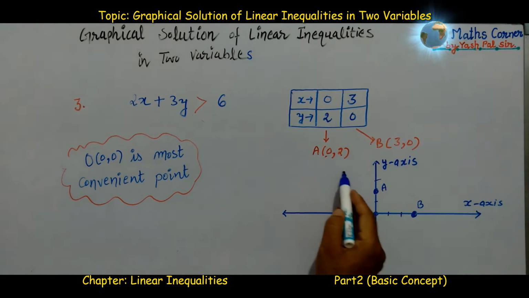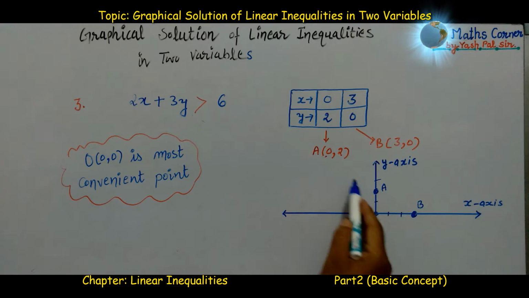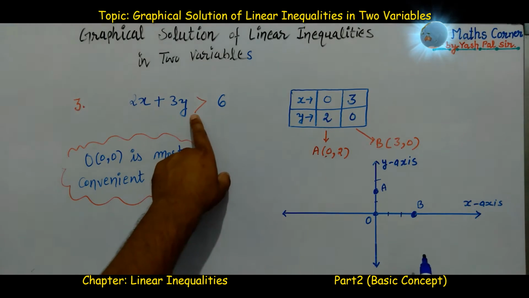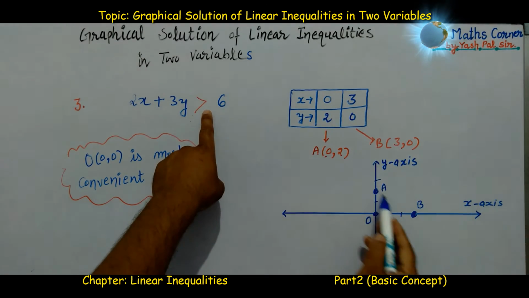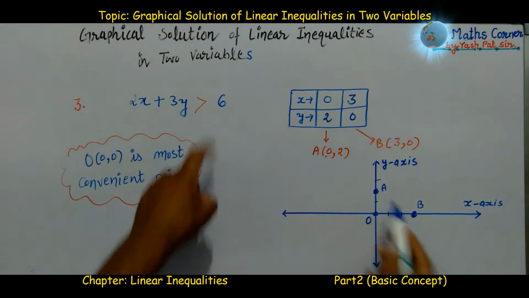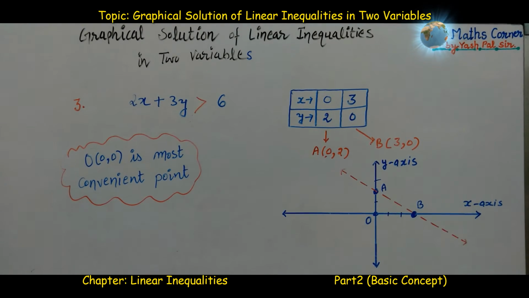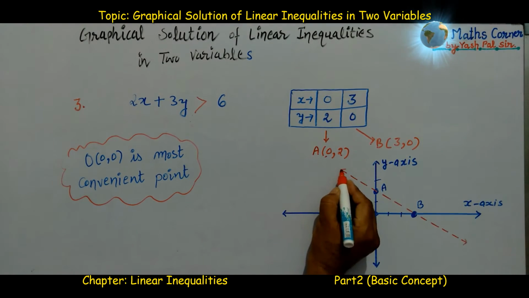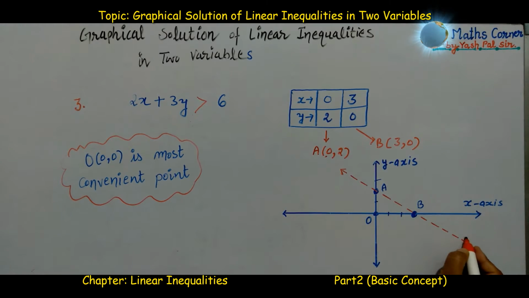Now joining this line dotted, because there is not equal to sign. Absence of equal to sign indicates that joining the line will be dotted. In this way we have joined the 2 points A and B dotted line.